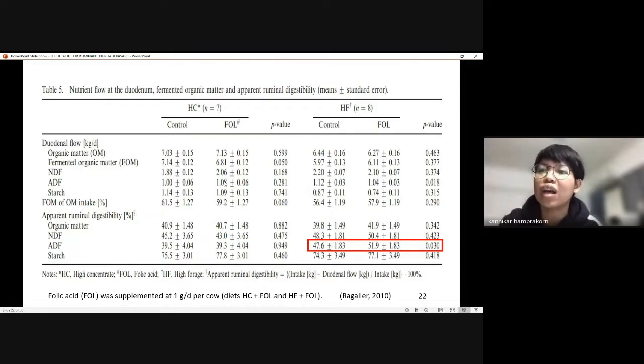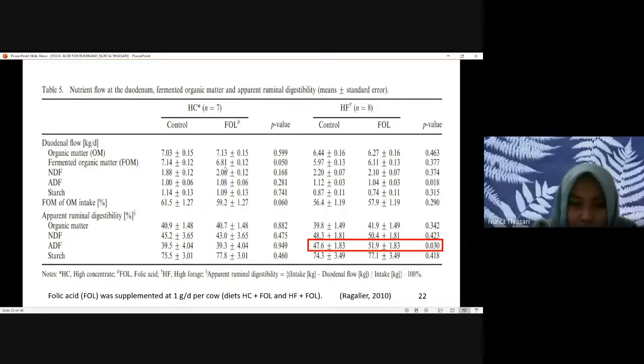the ADF content in the folic group. For the high concentrate diet they had higher than the control, but in the HF group, maybe high forage, right? High forage, they have lower than the control group. Could you explain a little bit about this, please? Which one?